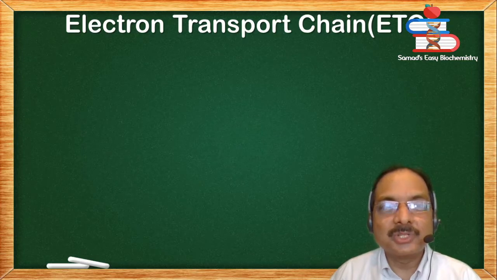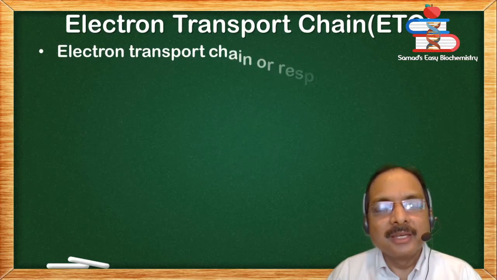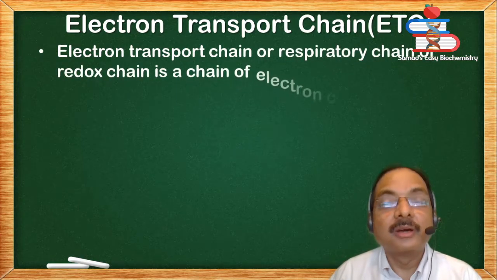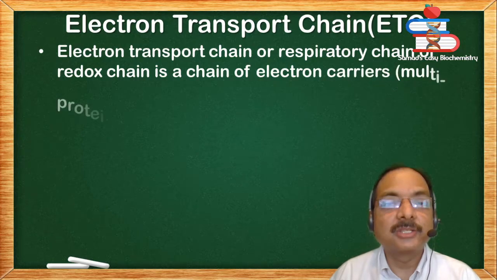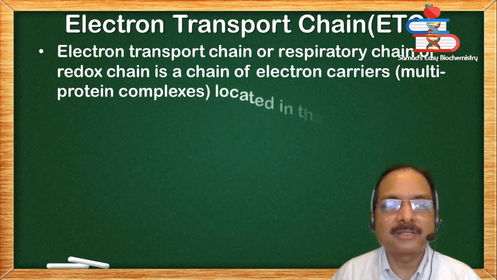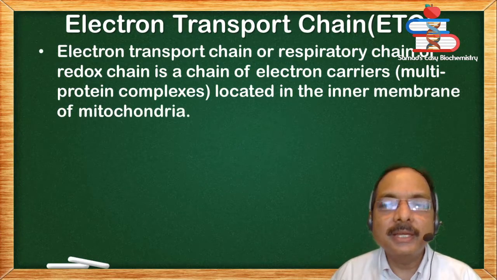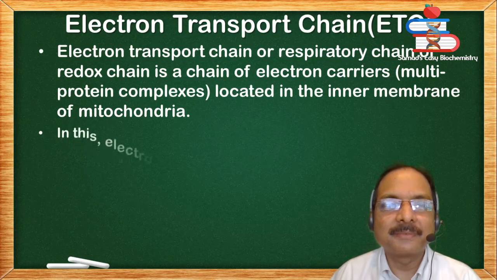Electron transport chain or ETC. The electron transport chain, or the respiratory chain or the redox chain, is a chain of electron carriers, multi-protein complexes, located in the inner membrane of mitochondria.